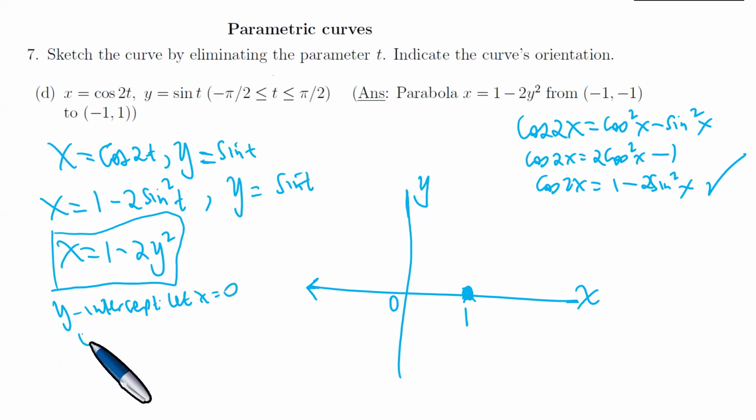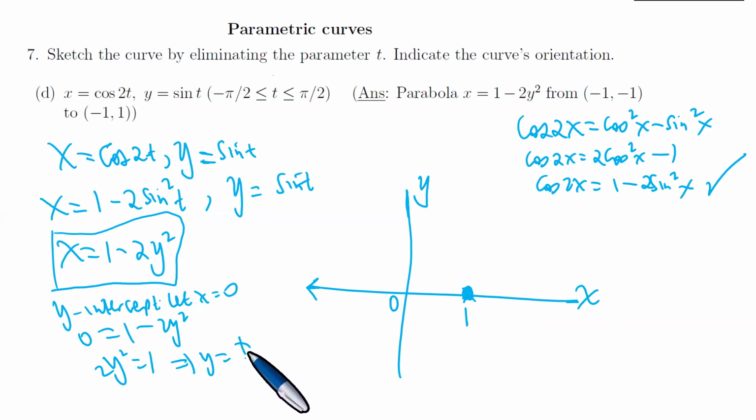Let x be 0, which means 2y squared is 1, so y is plus or minus 1 over the square root of 2. So y becomes therefore negative, positive.